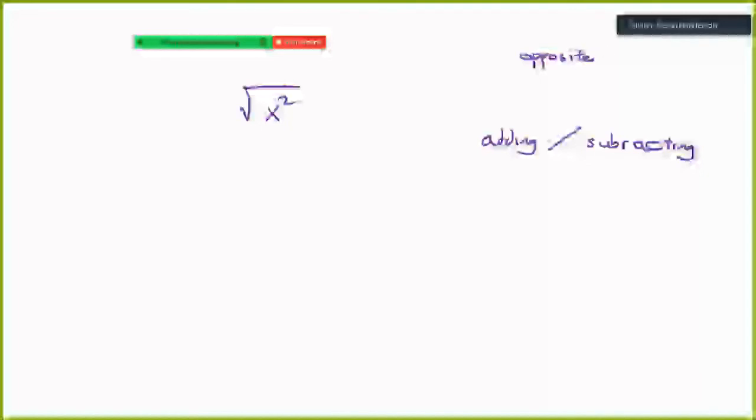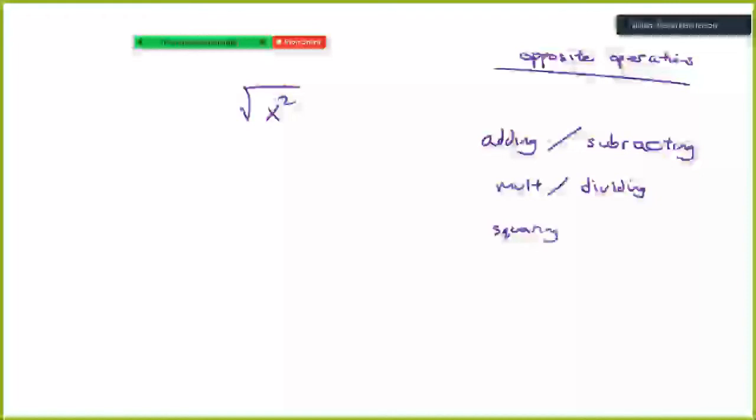The operations we do to solve an equation. So adding and subtracting are opposites, multiplying and dividing are opposites. And then also, you don't learn about these when we're really young, we learn about them now. Squaring and square rooting are also opposite operations. So they're always going to cancel each other.